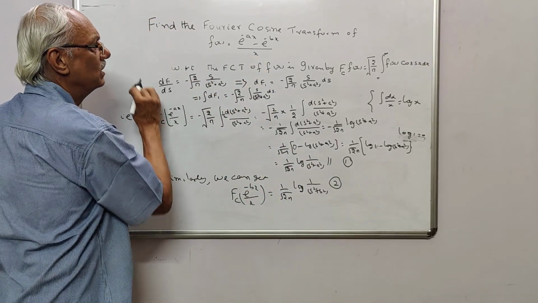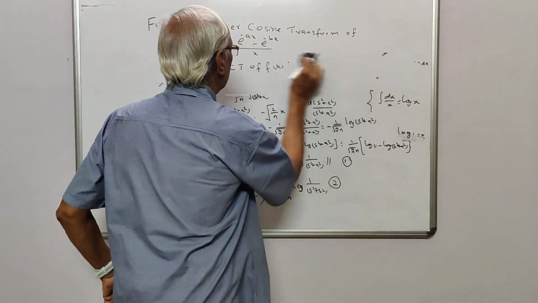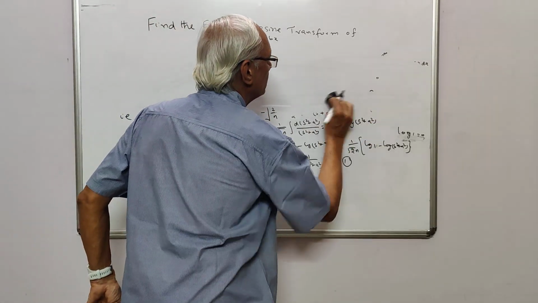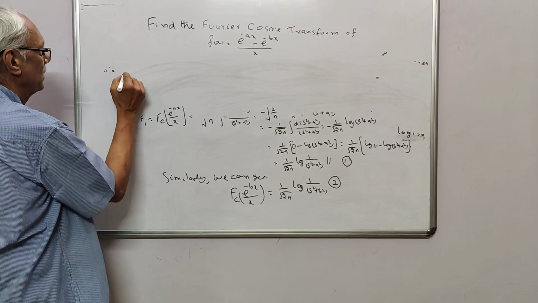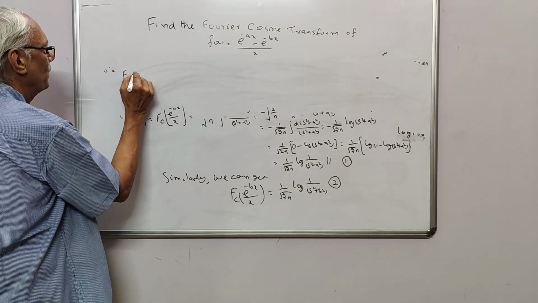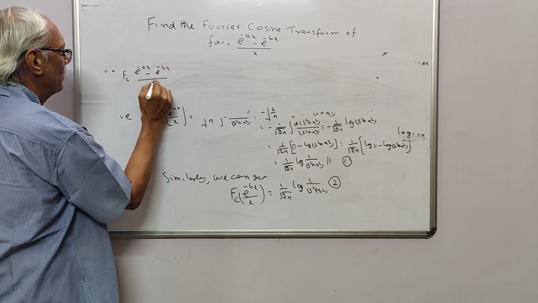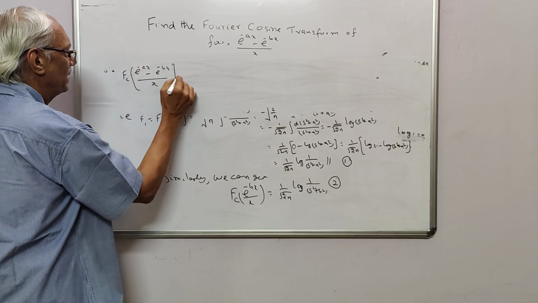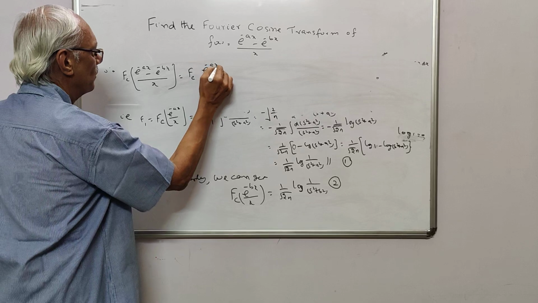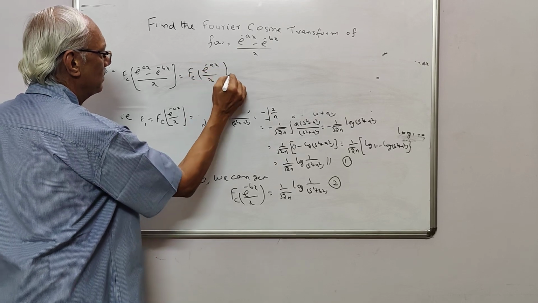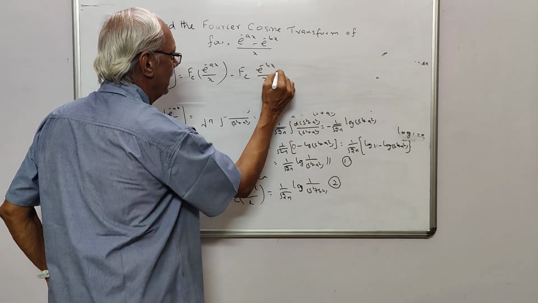Now what is it that you will do? Therefore, f c of e to the power of minus ax minus e to the power of minus bx divided by x is equal to f c of e to the power of minus ax by x minus f c of e to the power of minus bx by x.